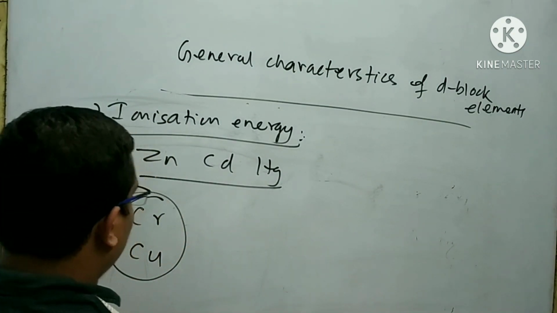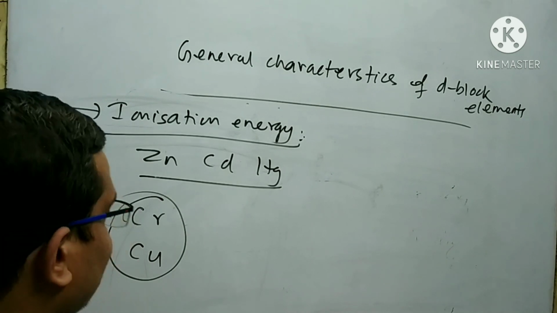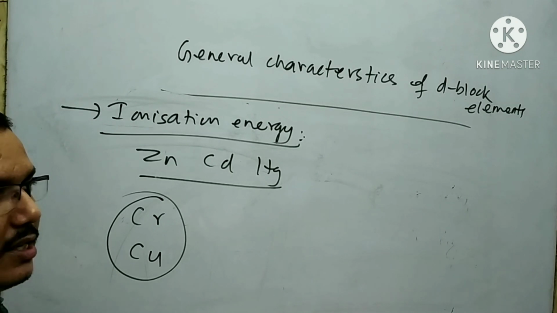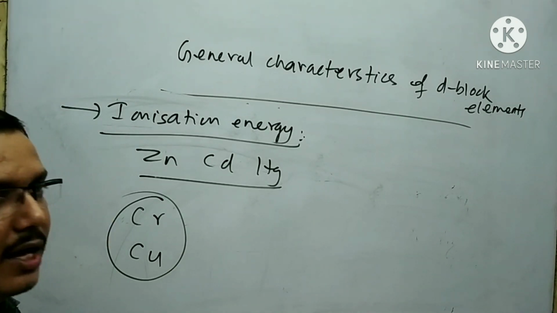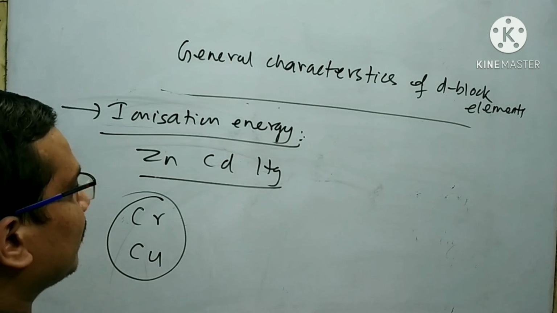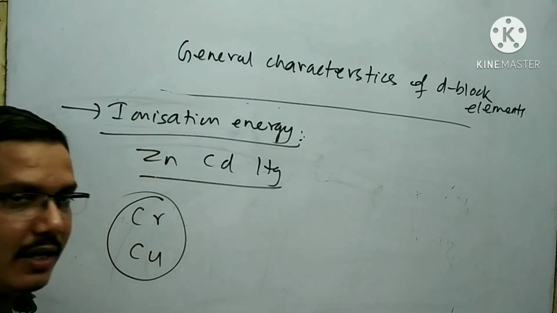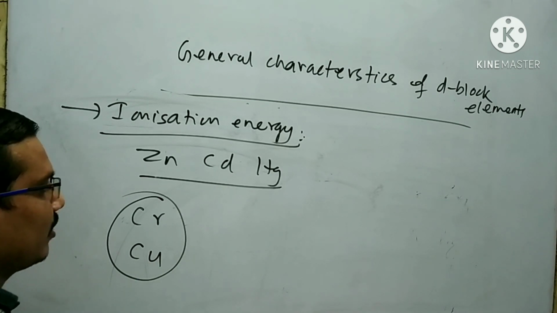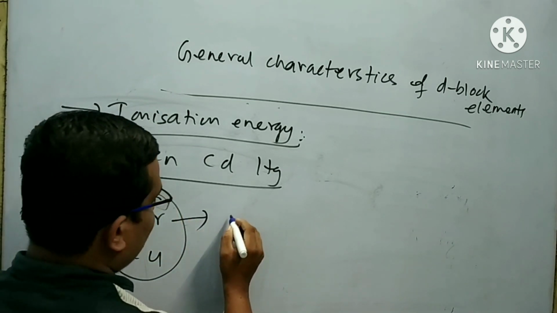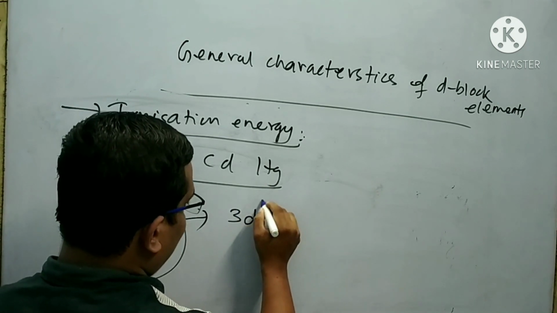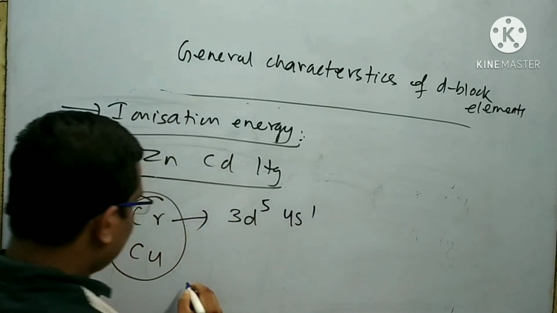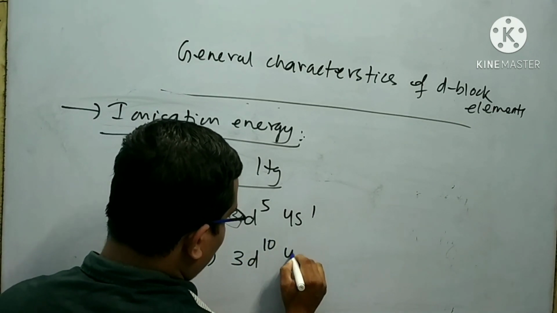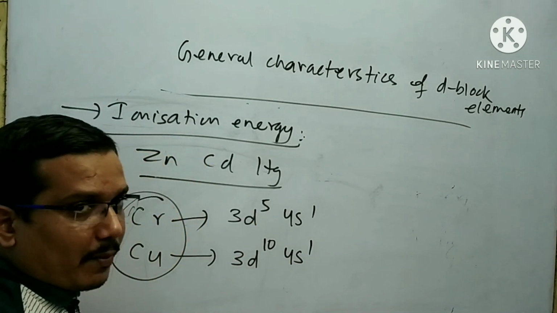Because the second ionization energy of chromium and copper is related to the removal of the second electron from the half filled and full filled orbital of chromium and copper respectively. Look at that, chromium has electronic configuration 3d5 4s1, copper has electronic configuration 3d10 4s1.